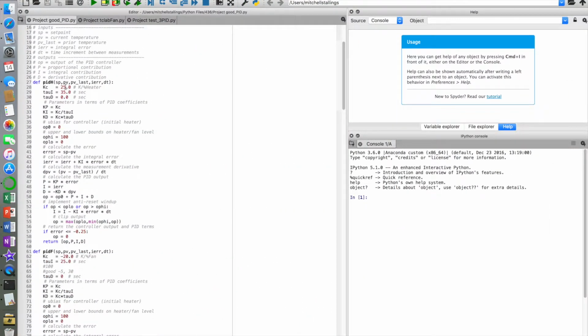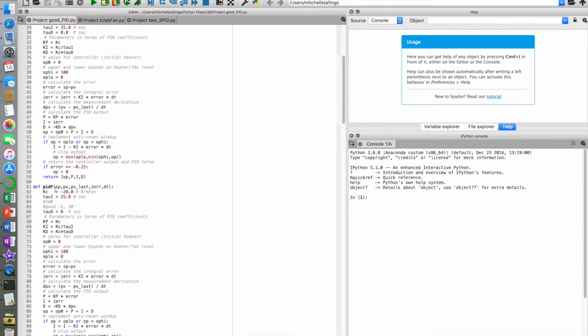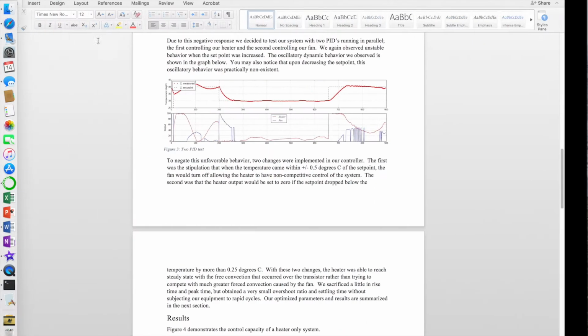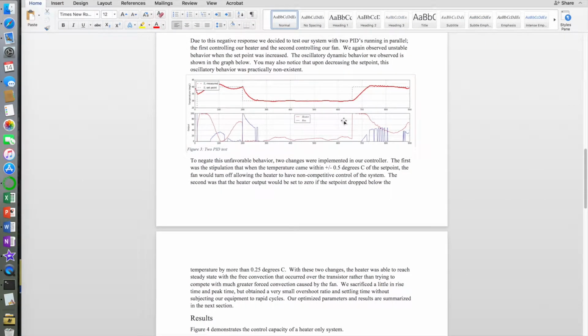So here's the PID for the heater and a PID for the fan. Both of those were running in sync with each other, but still, after implementing this change, we had a little bit of oscillation on the heating, because we saw here, especially in the bottom when you look at the two outputs, the heater and the fan were kind of fighting each other for control of the system.